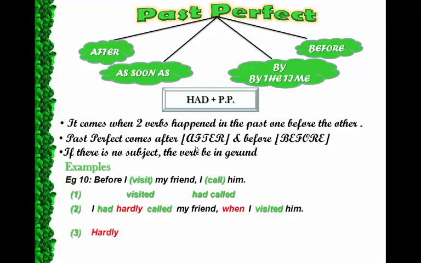What if we start with hardly? If we start with hardly, it's the same as when we start with no sooner. So we need to use the form of a question. Hardly had I called my friend when I visited him.